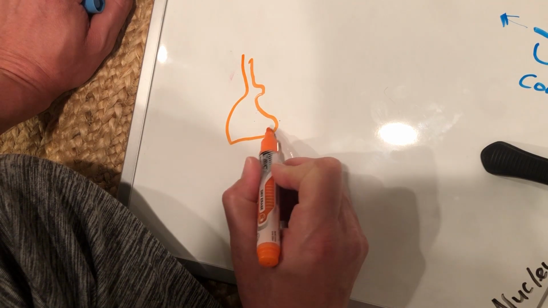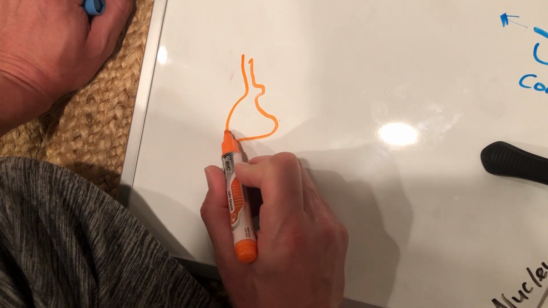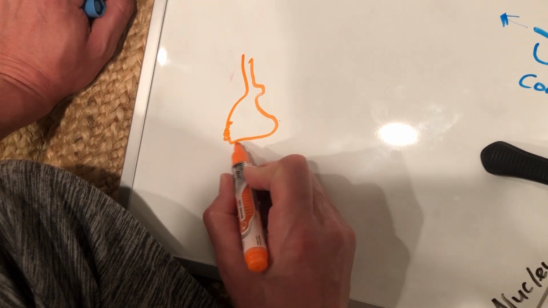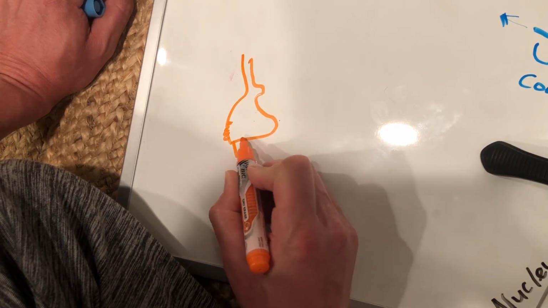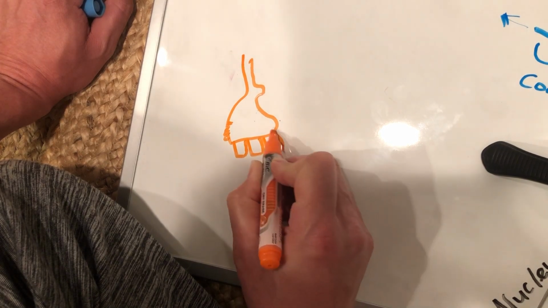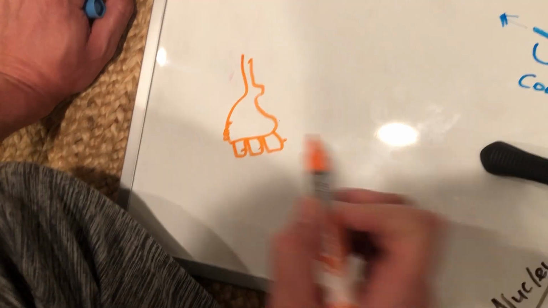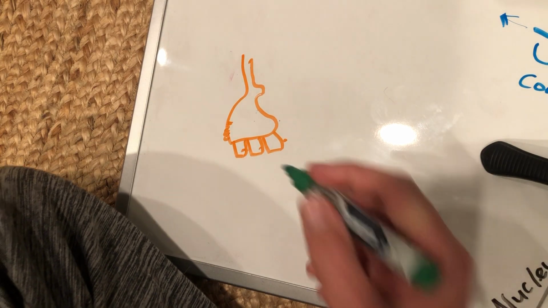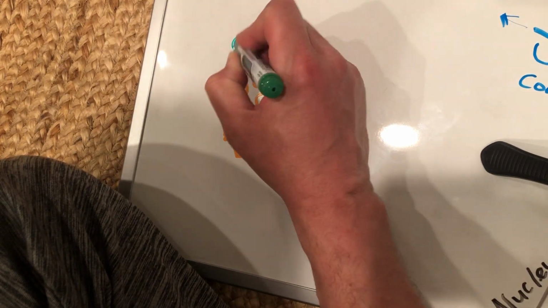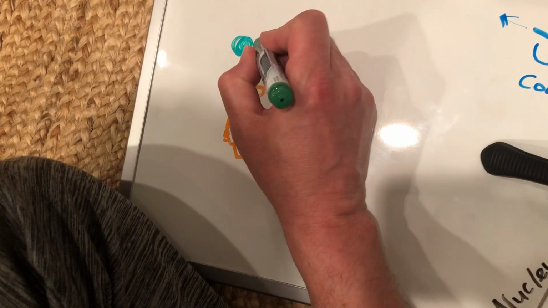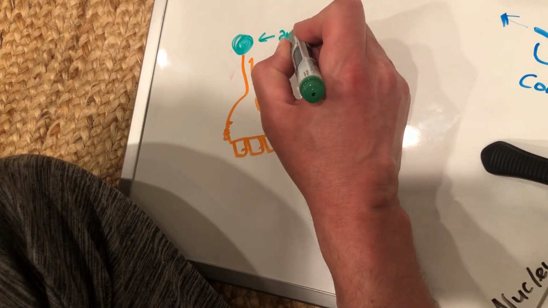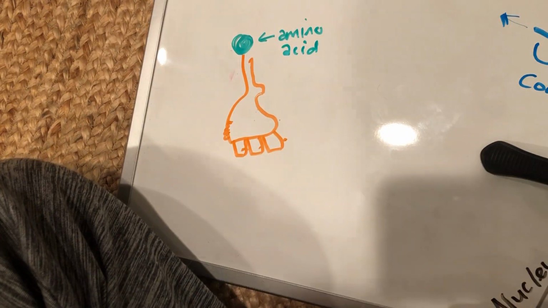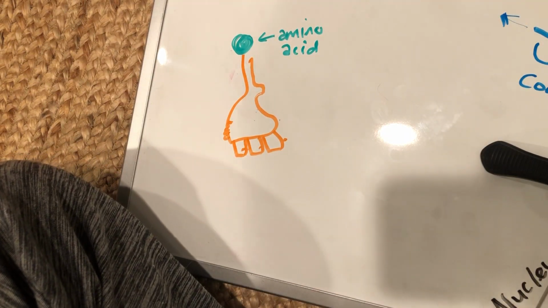So if you were to zoom in on this line, you'd see the nucleotides, A's, U's, C's, and G's. But there are 3 bases that stick out the bottom. They are exposed like that, right? And on the other end of the tRNA is an amino acid, one of 20. So that's how the tRNA is going to look.